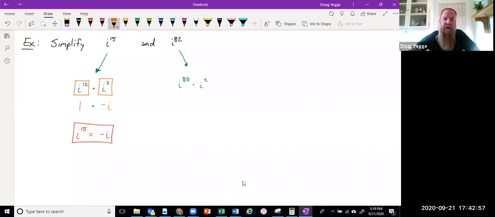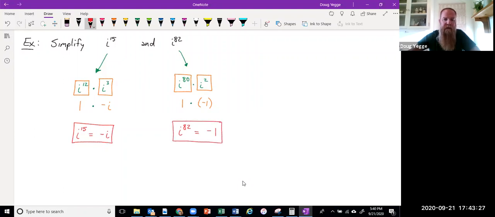And since I know that i to the 80th is 1, because 80 is a multiple of 4, I now know that this is 1 times the value of i squared. But we also know that i squared is negative 1. And therefore, this tells us that i to the 82nd power can be simplified to the real number negative 1.